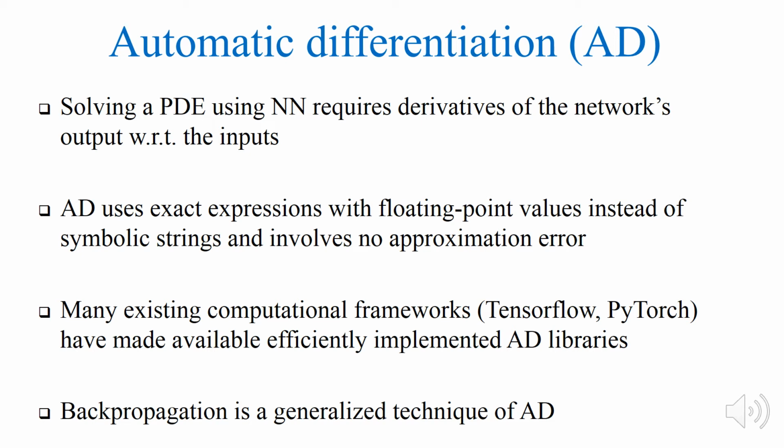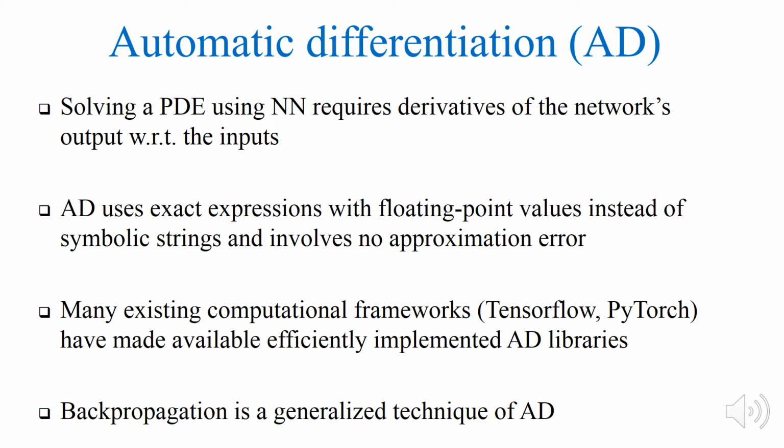Automatic differentiation uses exact expressions with floating point values instead of symbolic strings and involves no approximation error. While there are many advantages of automatic differentiation over symbolic differentiation or something like a finite difference approximation, in practice it is often hard to write an efficient implementation of automatic differentiation.